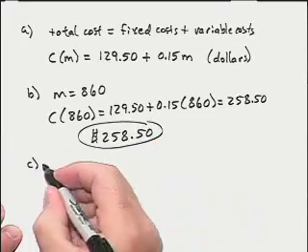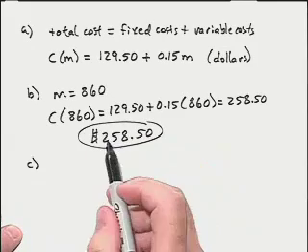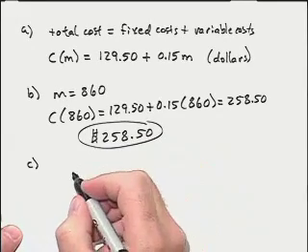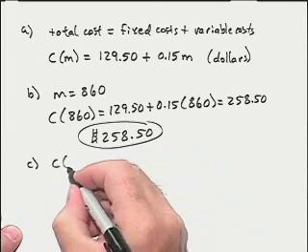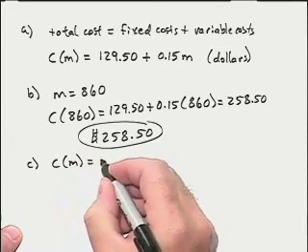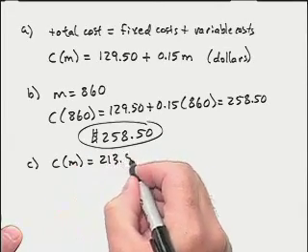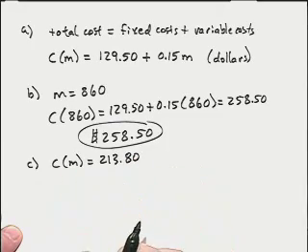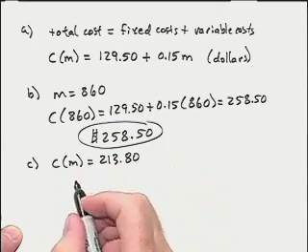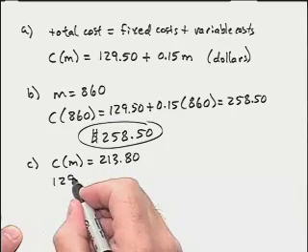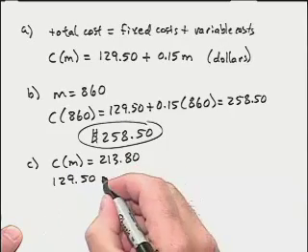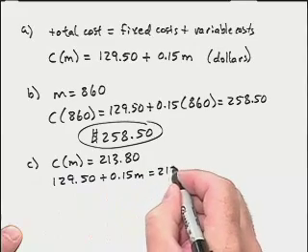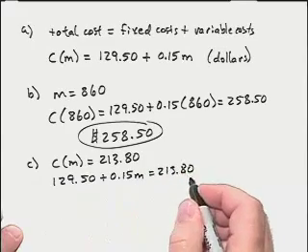In our last part, Part C, we want to determine the number of miles driven if the rental cost is $213.80. That is, we need to solve C of M equals 213.80. So here we know the cost, and we're trying to determine what the value of M is. So we have 129.50 plus 0.15 M must equal 213.80.